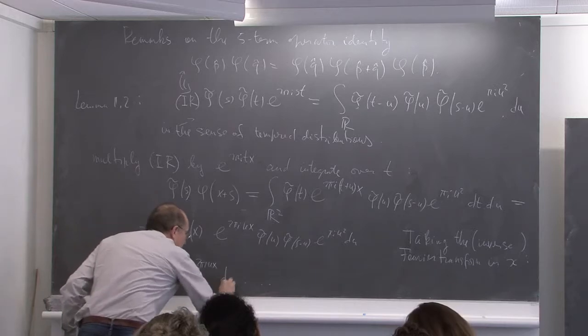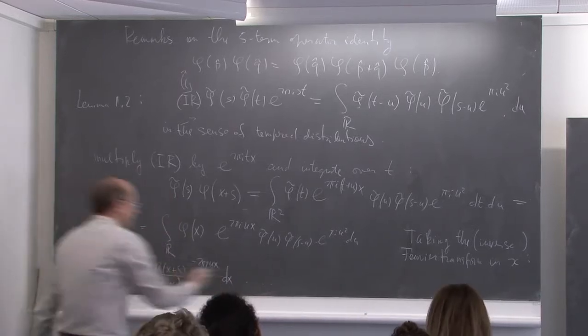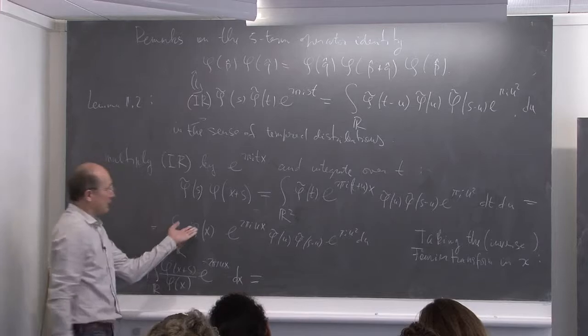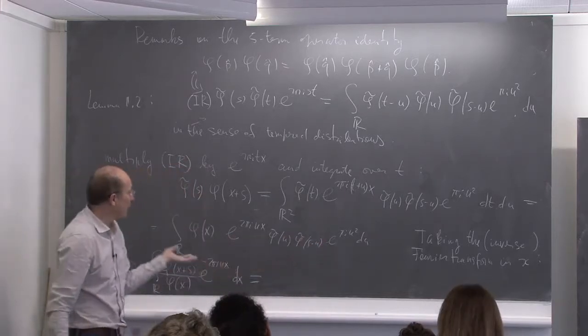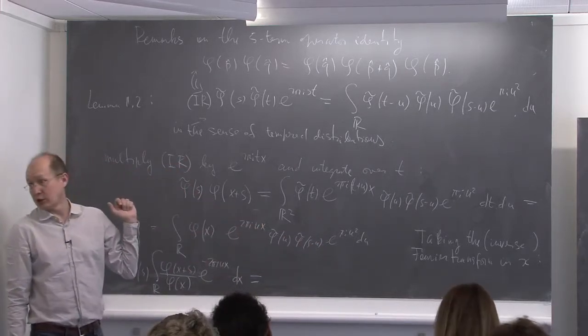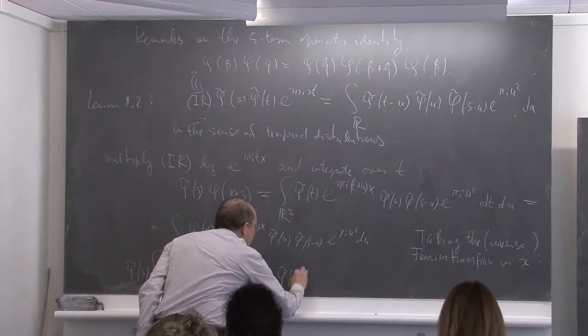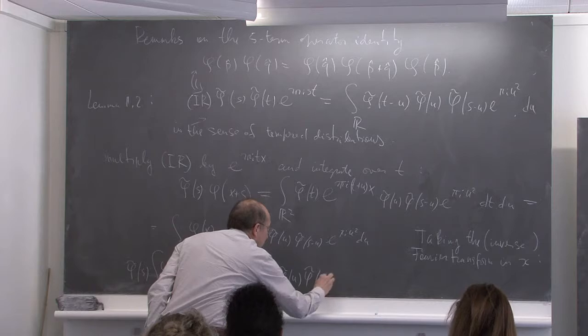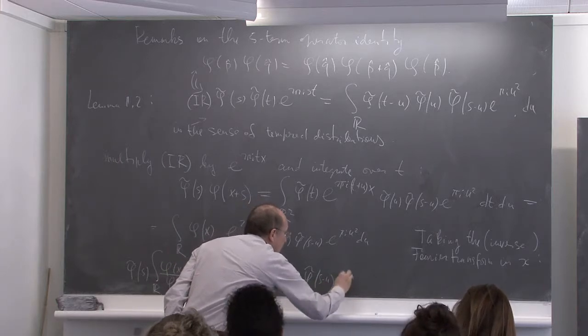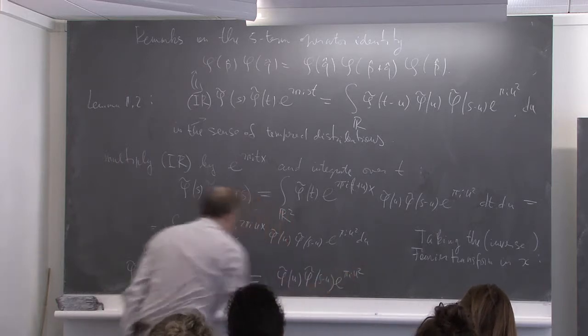But this time we integrate over x. And then we rewrite the remaining part of the right-hand side without the u integration: phi tilde of u, phi tilde of s minus u, e to the pi I u squared.